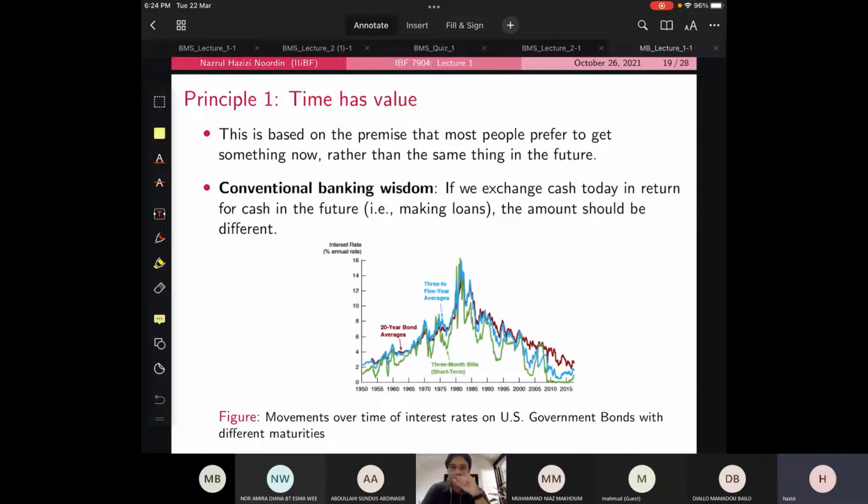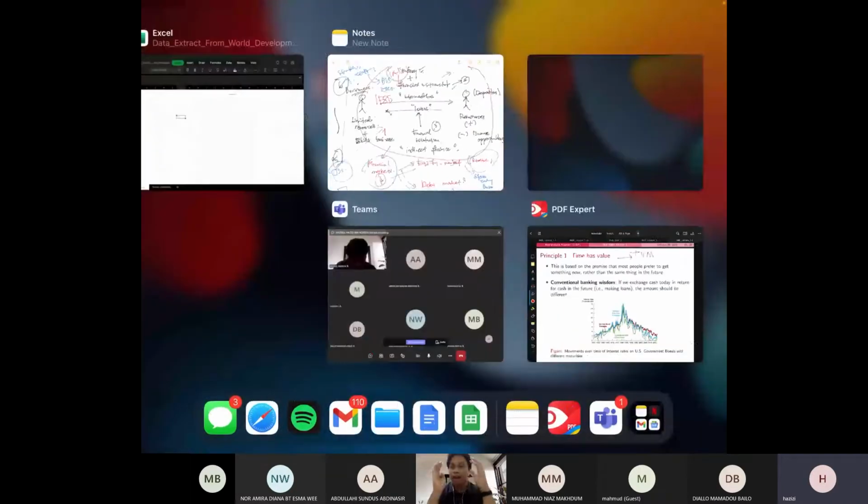Have you heard the concept of time value of money? Yeah. Okay. It has some very extensive debate within Sharia as well. Some people say that we should accept this concept of time value of money, and some disagree.